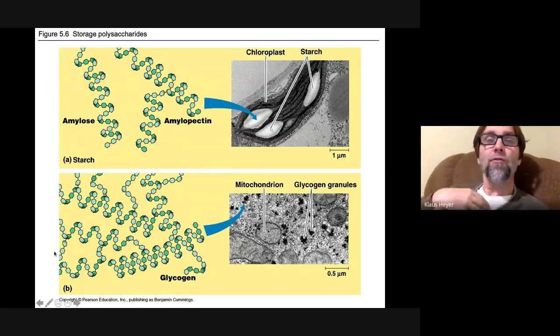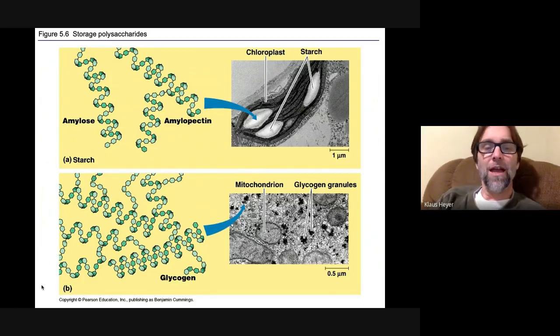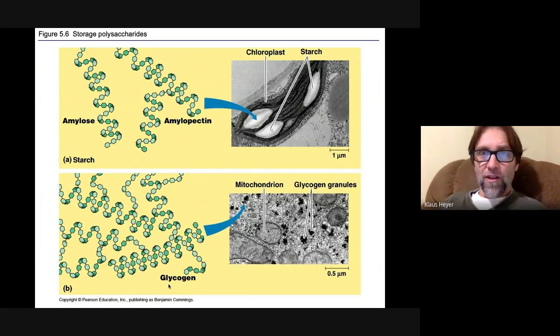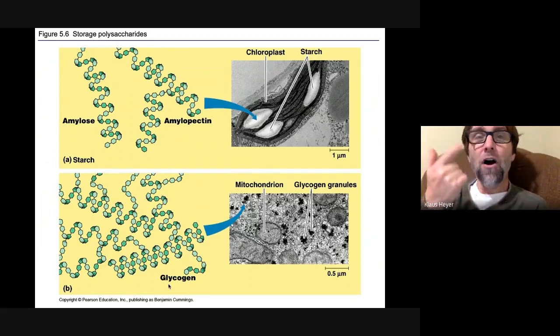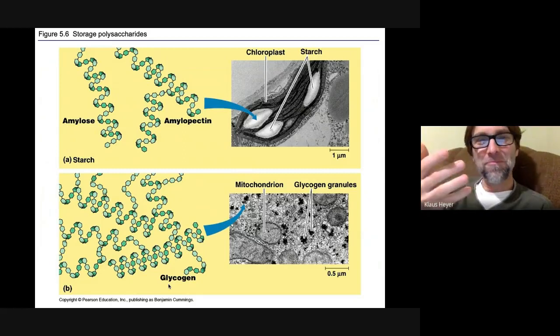We also store sugar just like plants. Plants store sugar. Animals, like humans, we store sugar too. We call it glycogen, a word you're going to see very often. Right? That's my talking to you and moving my hand like this in front of the camera. I'm using glycogen right now for that.